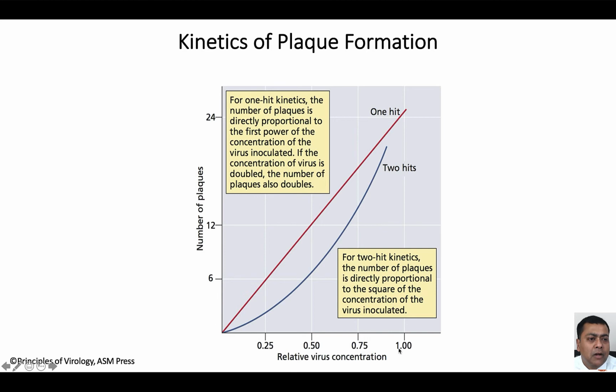So you can see the relative virus concentration, and this is the number of plaques. These are directly proportional. So as the virus concentration doubles, the number of plaques will also double.